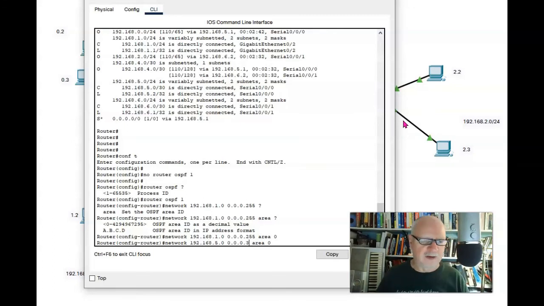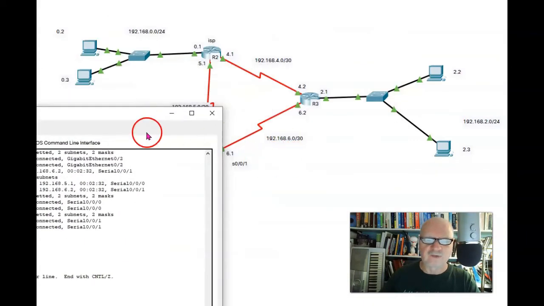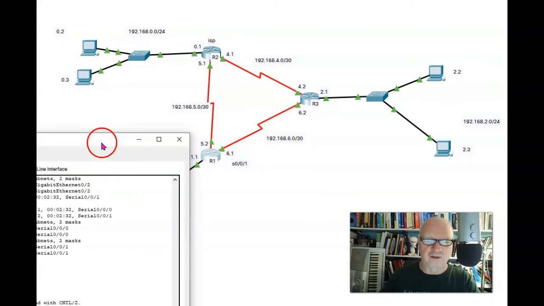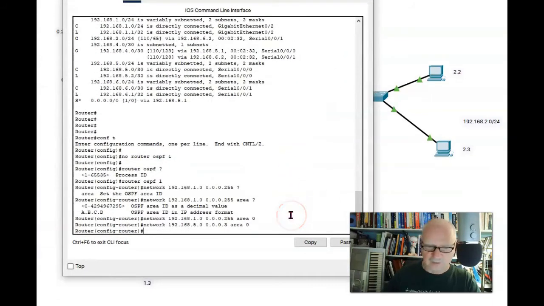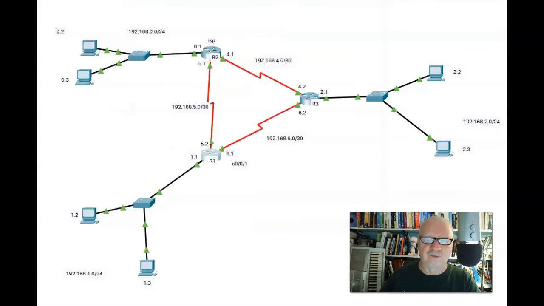Remember, the subnet mask is 255.255.255.252 for a /30, and 255 minus 252 is 3. So it's 0.0.0.3. All right, that was the 5 network, and I need to tell it about the 6 network because that's also connected to this router. So now we'll do the 6 network, and we're done with those advertisements.